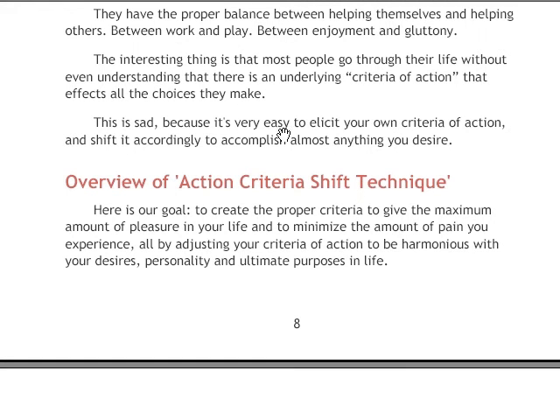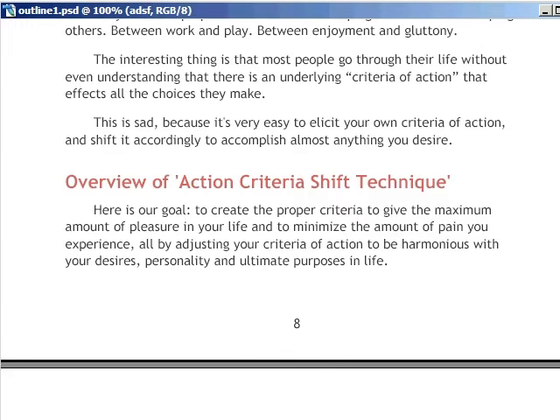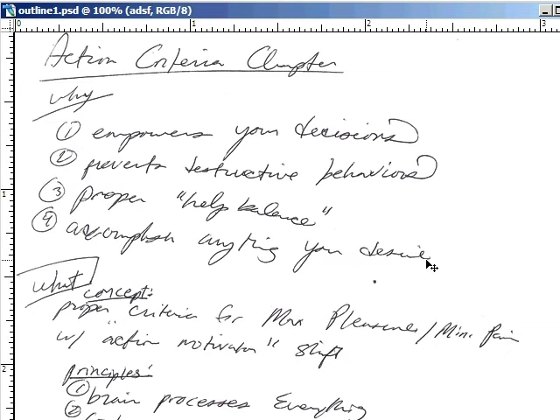This is sad because it's very easy to elicit your own criteria for action and shift it accordingly to accomplish almost anything you desire. So the third thing here: accomplish anything you desire. It's that simple. This was the accomplishment motivator. This was the affiliation motivator. So was this one, and this also ties in with the own empowerment, positive and negative.